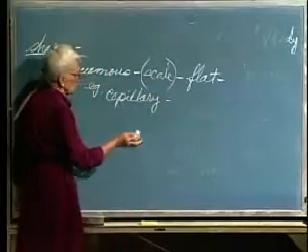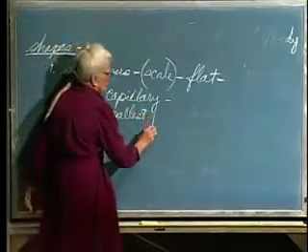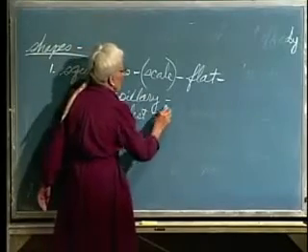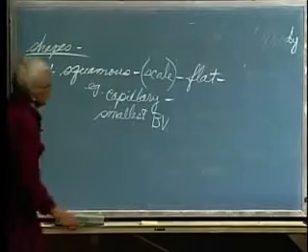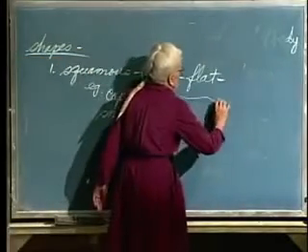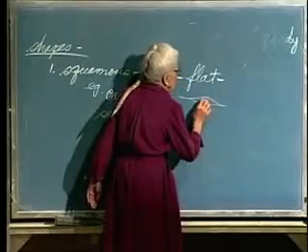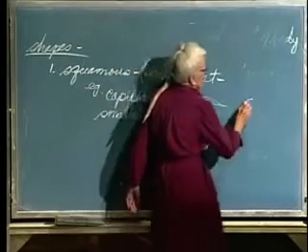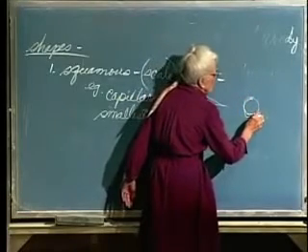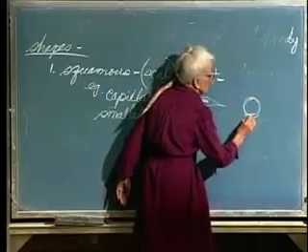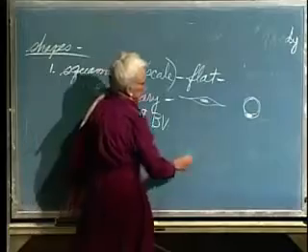Capillary is your smallest blood vessel. Start to abbreviate. Blood vessel is going to be just BV from now on. Smallest, so it'll have this flat cell, but it's surrounding a vessel, so sort of like this. And that will be your cross-section of a capillary.